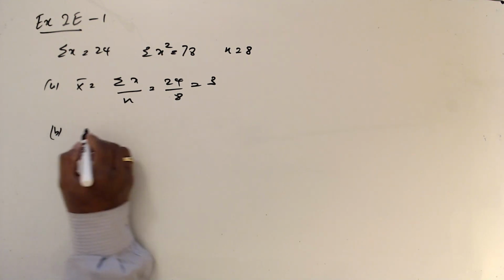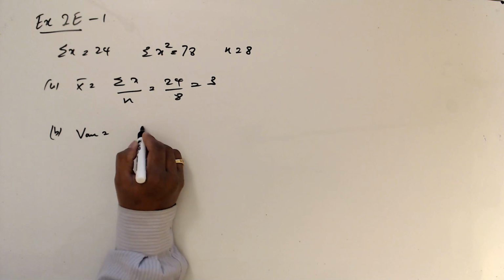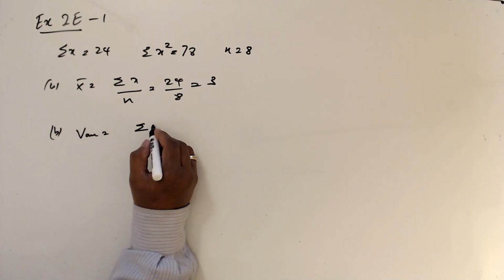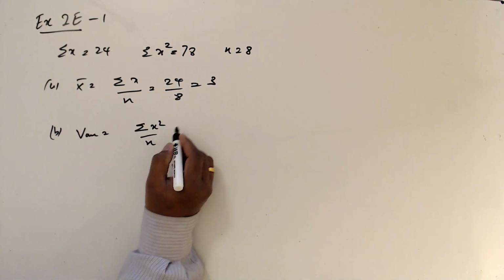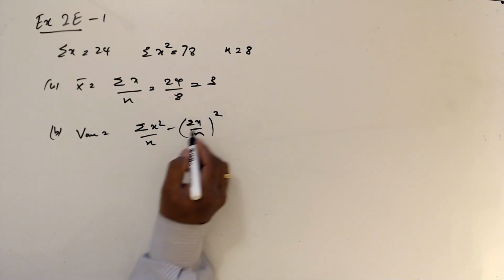And B, variance. Variance is summation x square over n minus summation x over n square.